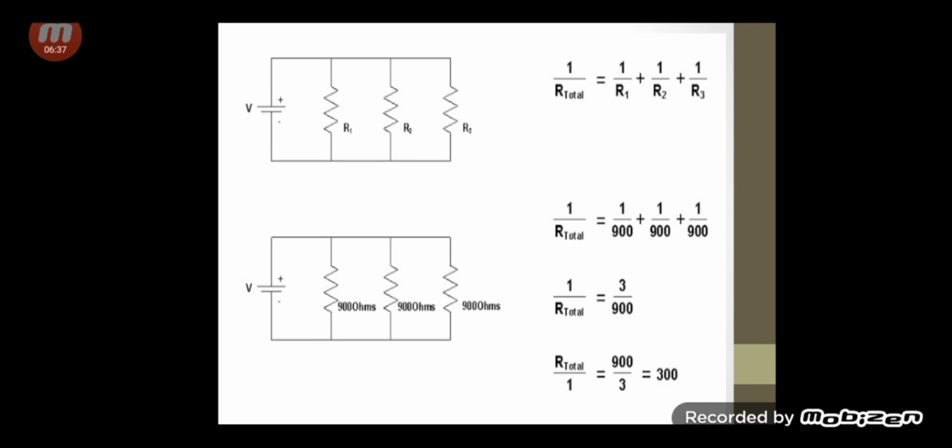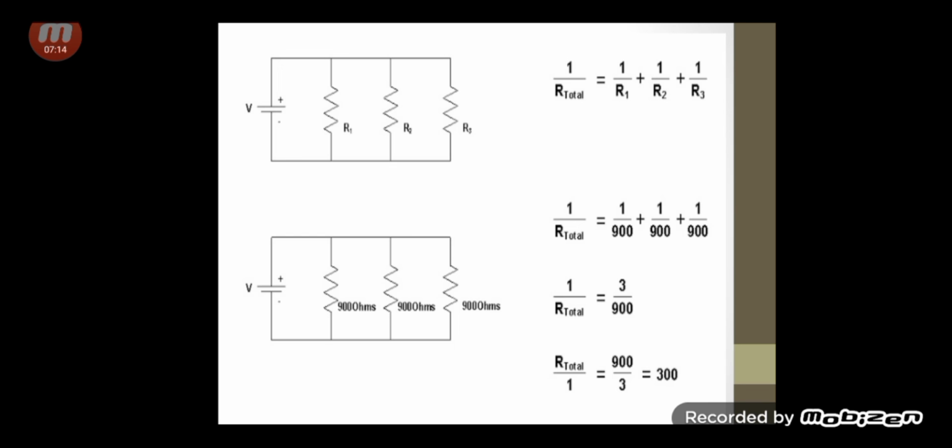Look at this circuit diagram on the left-hand side. There are three resistors arranged in the circuit. They are parallel to each other, and each resistor provides 900 ohms resistance. So we will use the formula for a parallel circuit: 1 divided by R total equals 1 divided by R1 plus 1 divided by R2 plus 1 divided by R3. You will put down all the values.